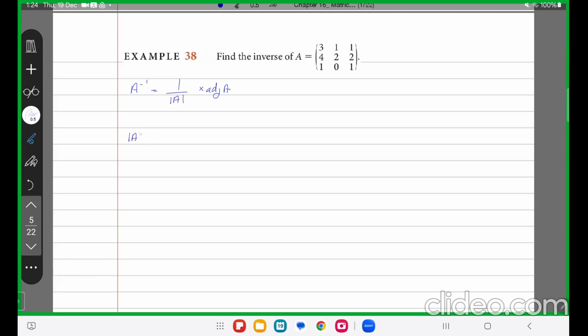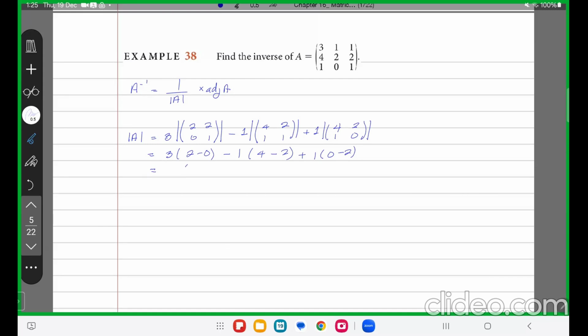The determinant of A is 3 minus 1 plus 1, so this becomes 3 times 2 minus 0, 1 times 4 minus 2, 1 times 0 minus 2.